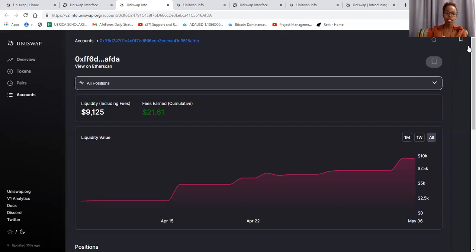When they were launching this, they wrote a paper to introduce V3 to us, and we are going to go through that paper, and then you're going to find your own time to go through it so that you can fully understand this concept, because to say the truth, it's a little bit more complex than V2. So if you really want to migrate your coins, your LP tokens or your liquidity pools to V3, you need to get this concept because it's a little bit different, but in a good way.